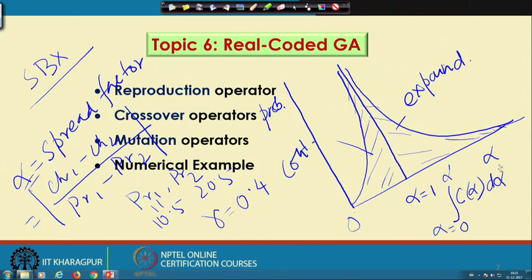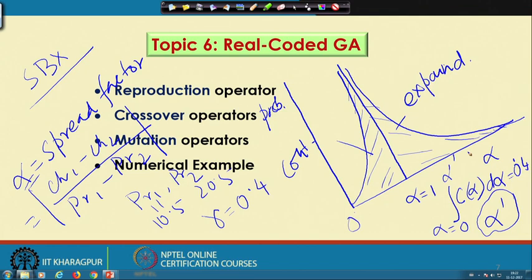This integration is put equal to 0.4 and we solve for alpha prime. Once you have this alpha prime, that means this particular value for the spread factor.